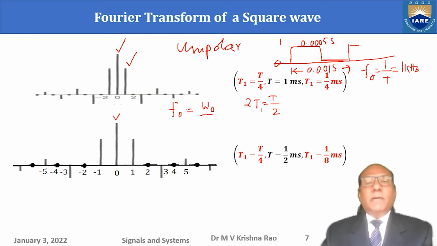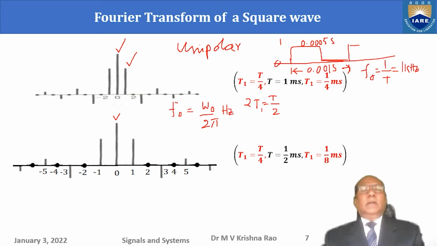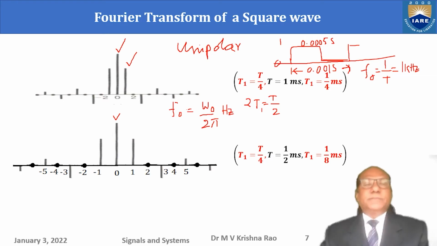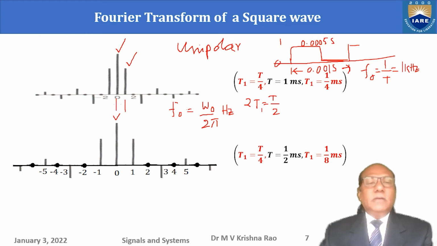If I put this in, I will get F0. The unit for F0 is hertz, whereas for omega naught, the angular frequency, it is radians per second. Here it is cycles per second. This is the fundamental frequency, so what is the separation between harmonics?